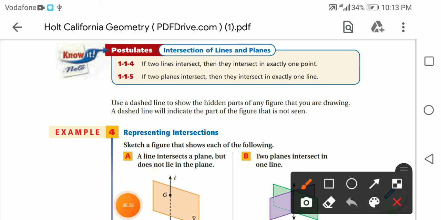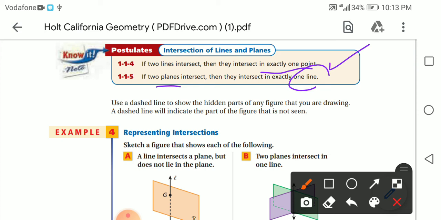If 2 lines intersect, then they intersect in exactly one point. As you know, this is very easy. If 2 planes intersect, then they intersect in exactly one line. So, a new one: 2 planes intersect, and they intersect in exactly one line.